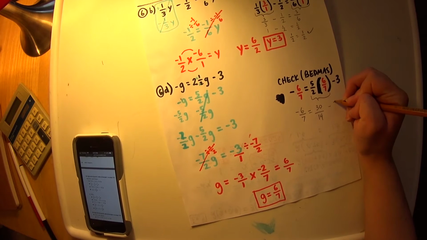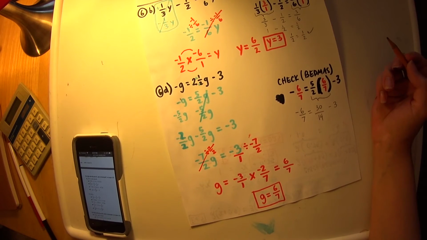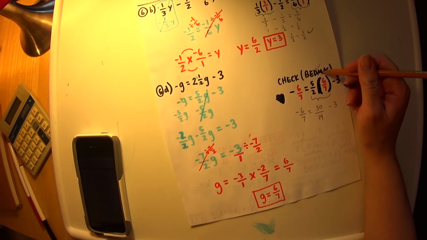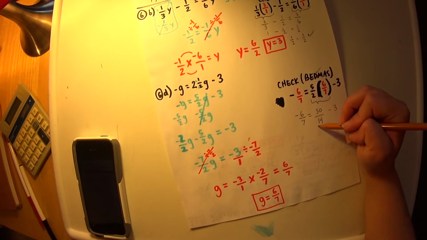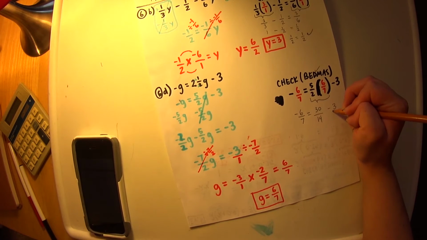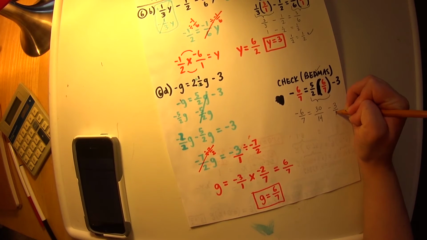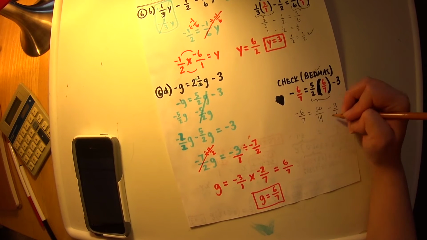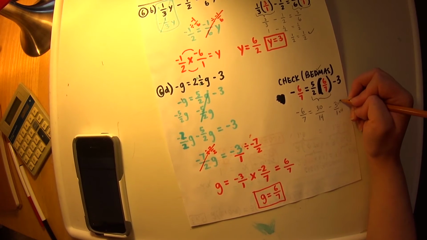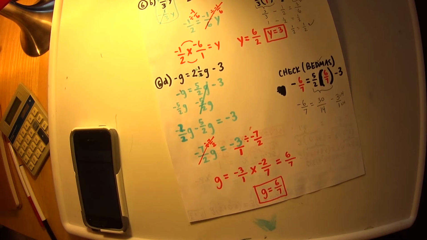And then minus 3. Okay, so that takes care of my multiplication and division, onto addition or subtraction, which is just this part here. Fraction minus whole, don't like it, but easily fixed by putting my whole over 1, and then we can make a common denominator by timesing by 14.